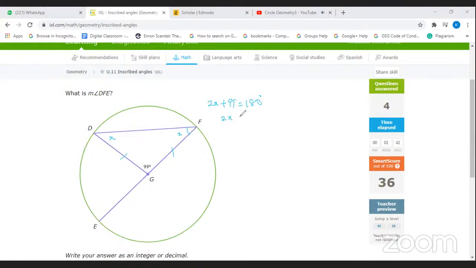So 2x will be equal to 81. So x is equal to 40.5. It's still the same thing as just finding this first. When you find this one, you get 81. Half of 81 is 40.5. So you can also do it like that. So that's 40.5 for the answer.